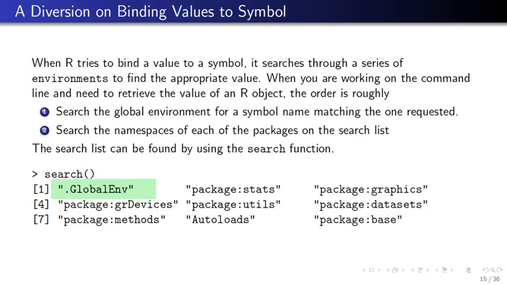Then you can see second on the search list is the stats package, and the graphics package, the grDevices package. All the way down at the very end is the base package. Somewhere in this list of packages, R is going to look for a function called lm. And of course, if it's not in the global environment, then it will eventually find it in the stats package, which is the function that's used to fit linear models.